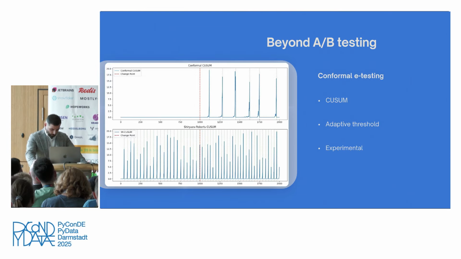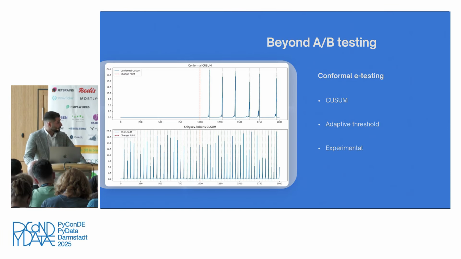Another part of it, probably for change point detection, is what's called conformal e-testing. If you recognize conformal from conformal prediction, it is the same people behind it, so it has a close connection. What you see in the graph, on the first subplot, is when we use the conformal. And CUSUM, for those who don't know what it is, is a cumulative sequential monitoring chart, an old way to do change point detection.